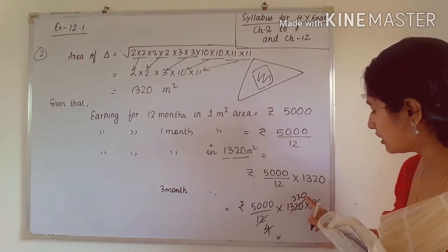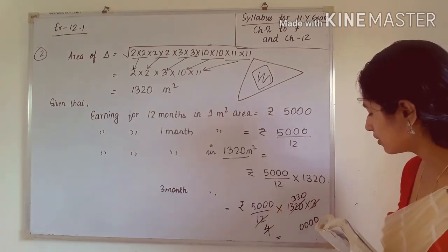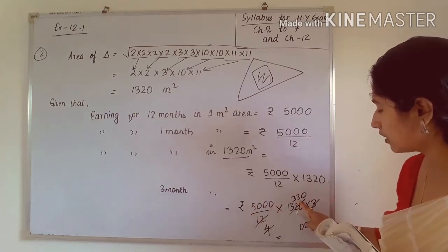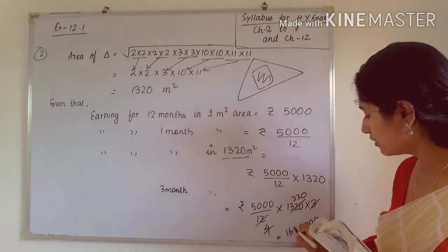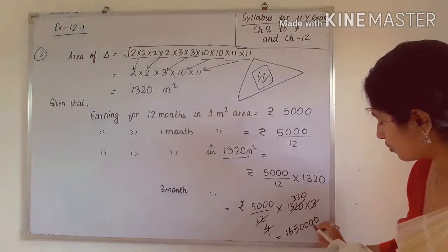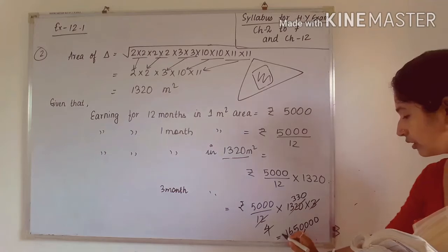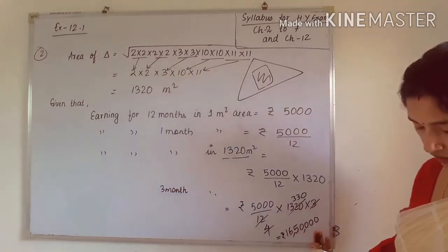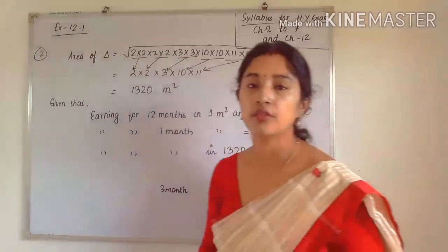See how many zeros are there? 1 2 3 4. So just write 4 zeros behind, and what more is left? 5, and from here 33. So you have to multiply 33 with 5. You will get 165. So see what is the answer now? 16 lakh 50,000 rupees is the rent the company has to pay for 3 months.